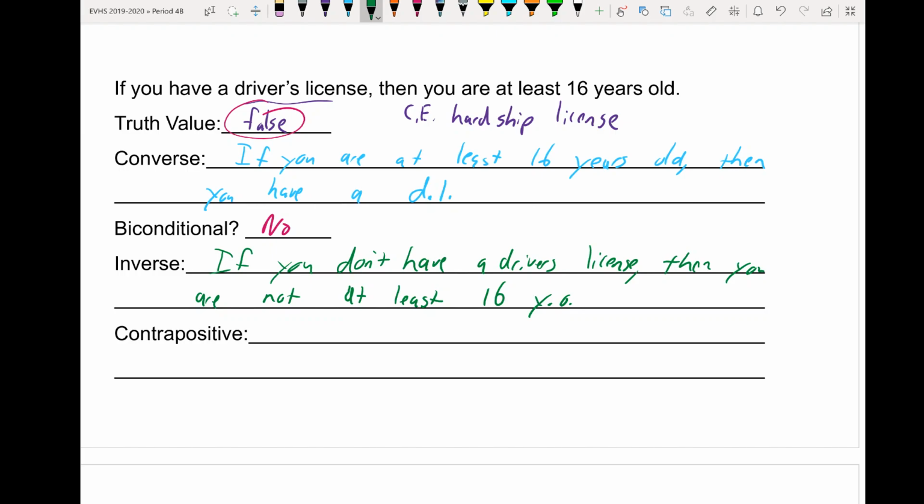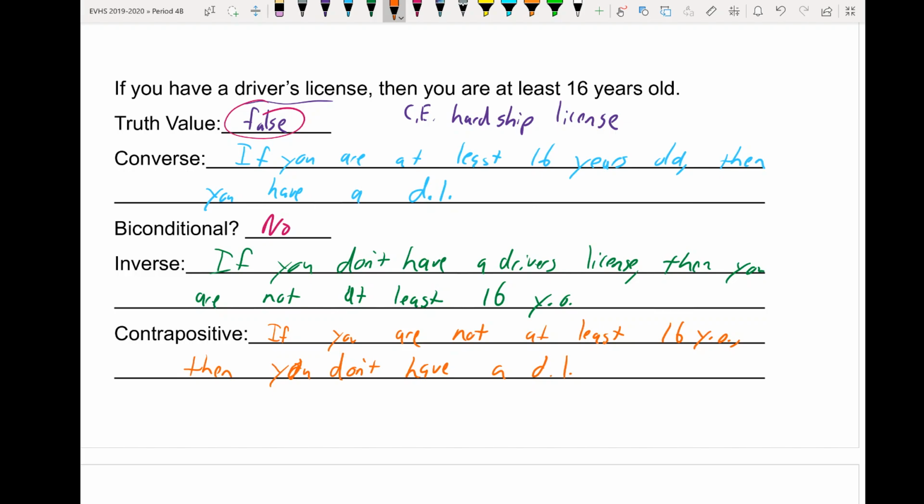Okay. Contrapositive. If you are not at least 16 years old, then you don't have a driver's license. All right.